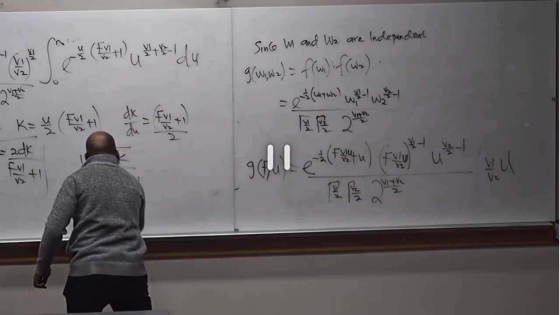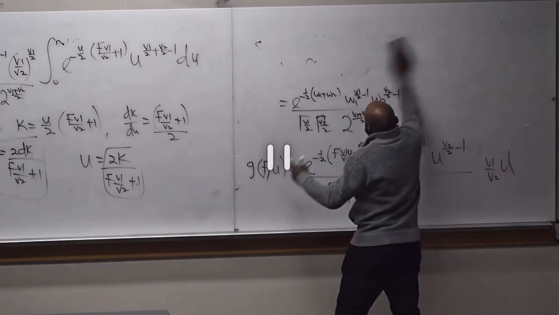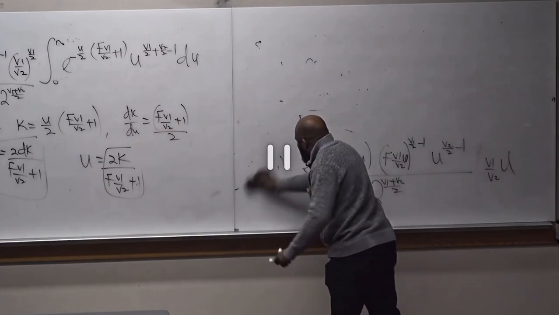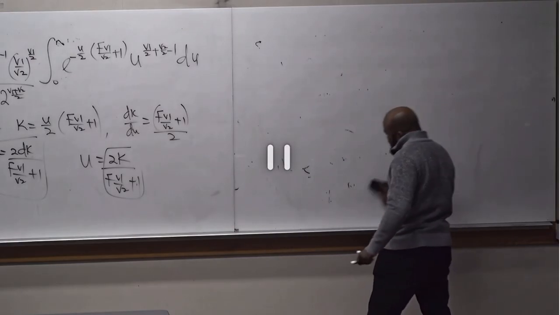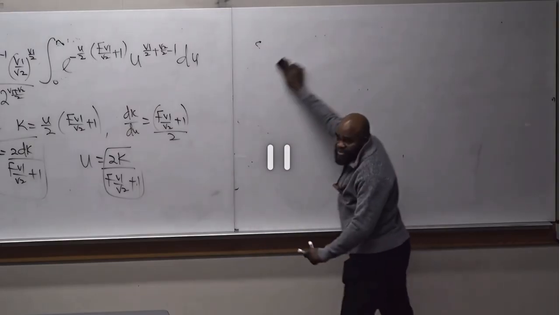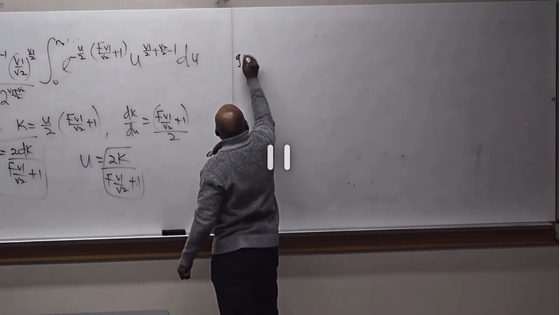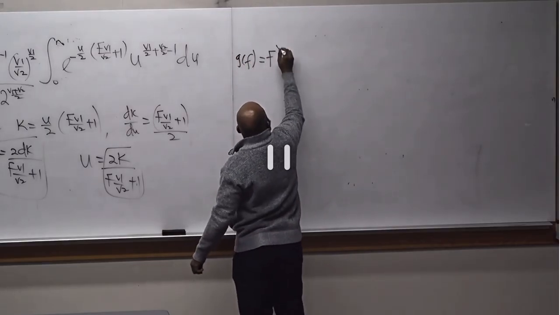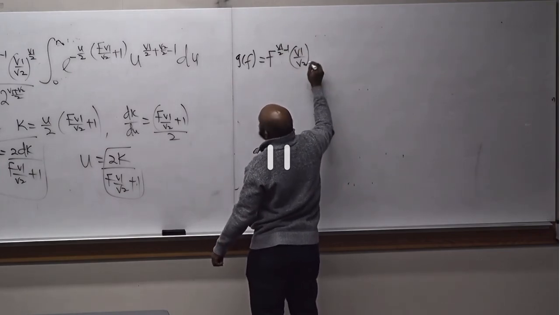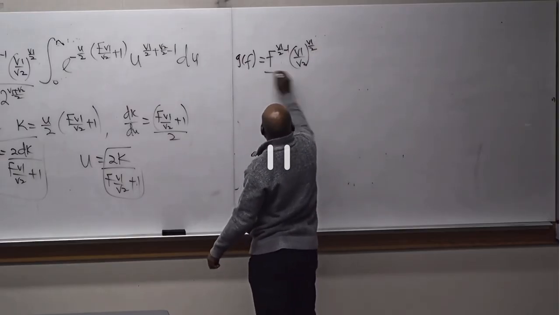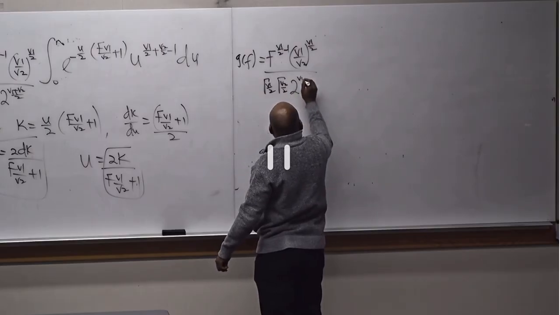If this is what I have right now, I'm going to go back to my G of F. I told you it's going to go forever, but it's going to be the last bus stop. We did a lot in the theory of statistics, a lot of derivations, and that's why it is called theory of statistics. Now here, I'm going to have F raised to V1 over 2 minus 1, (V1 over V2) raised to power V1 over 2, then gamma V1 over 2, gamma V2 over 2, 2 raised to power that.